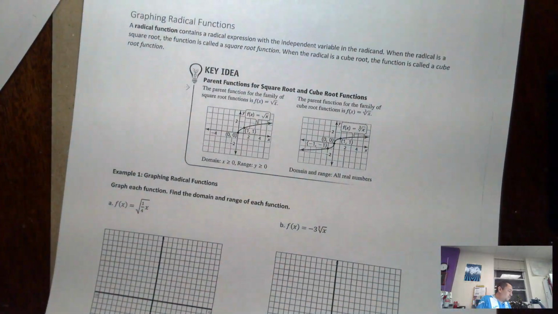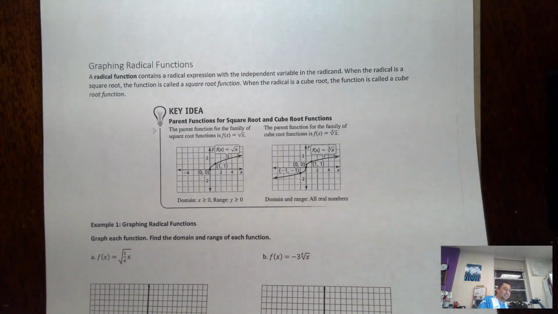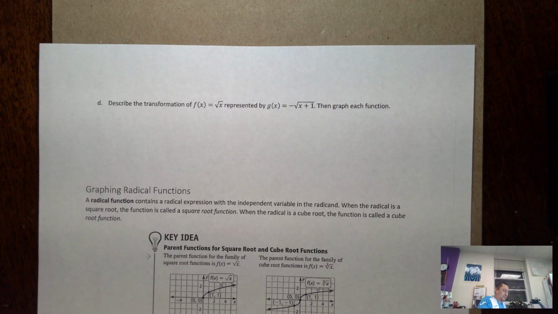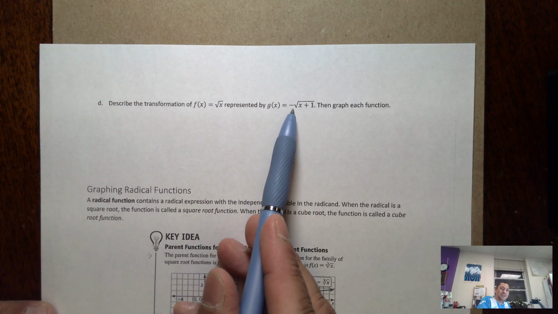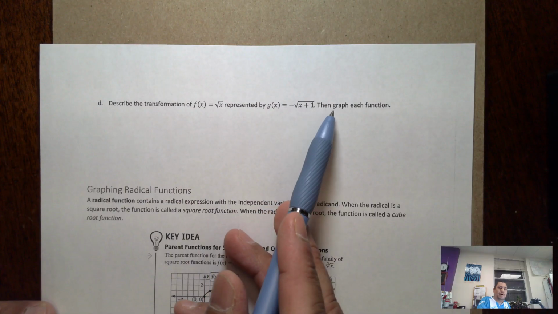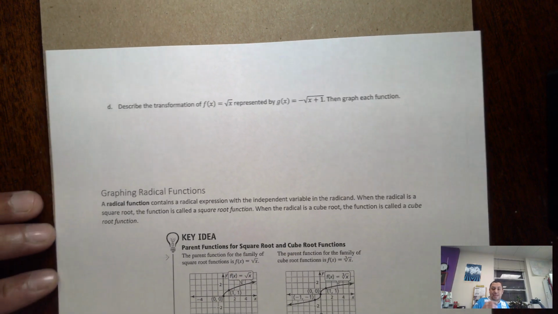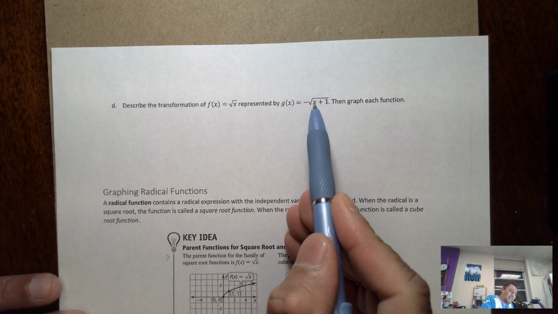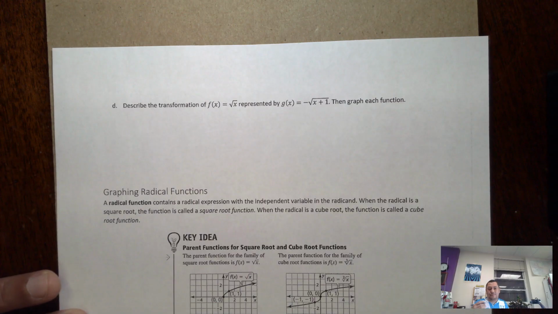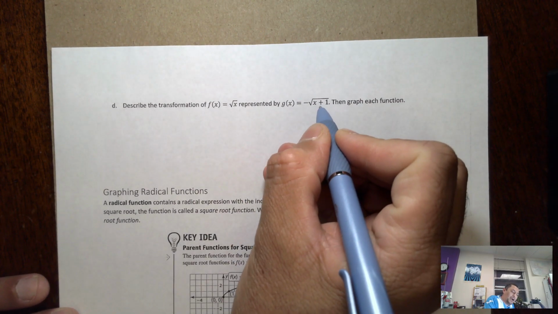We're going to describe the transformation of f(x) equals the square root of x represented by g(x) equals negative square root of x plus 1. Then graph each function. In this case, I'm going to start with what is inside the radical. So I have x plus 1.